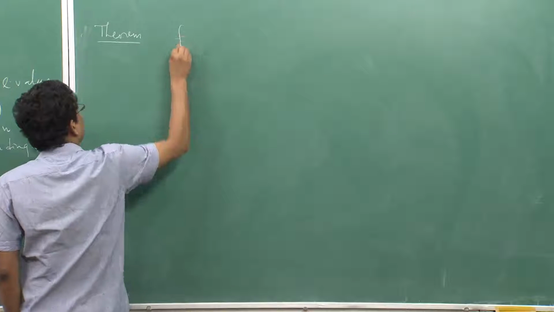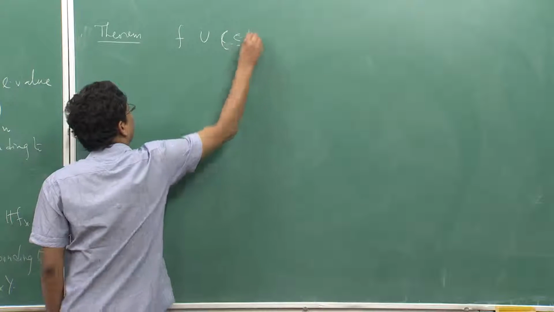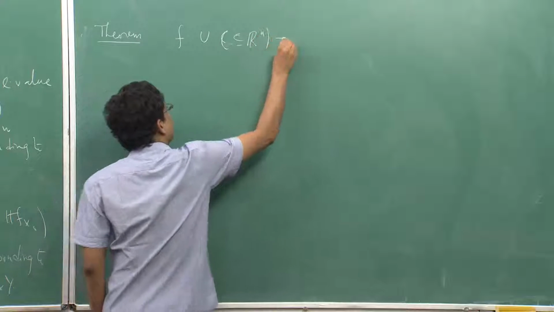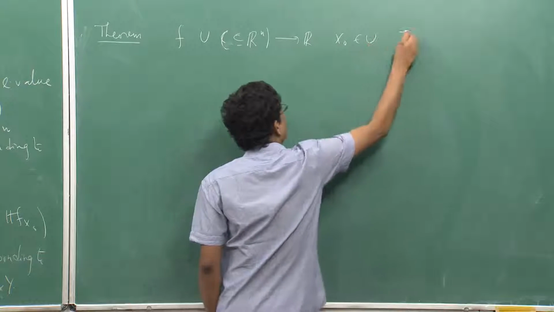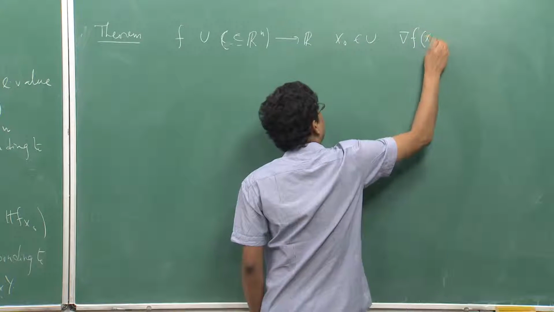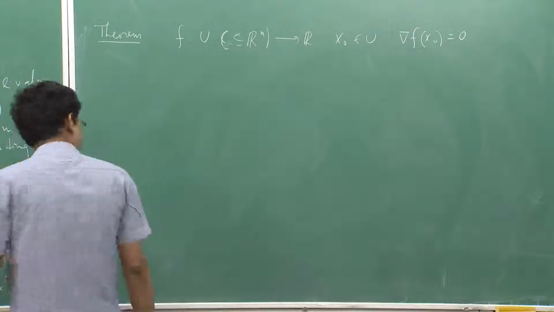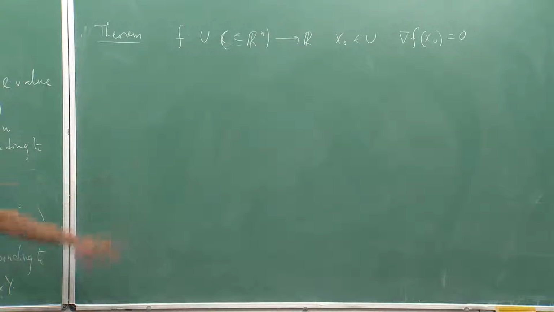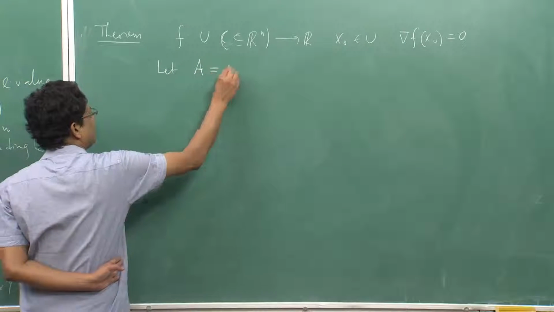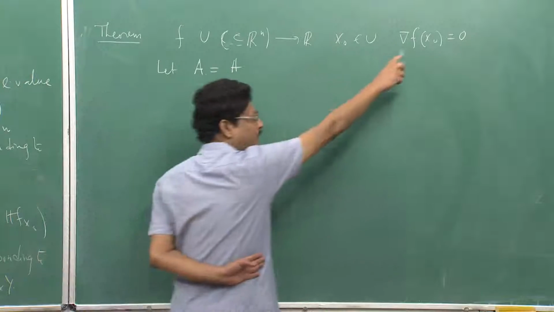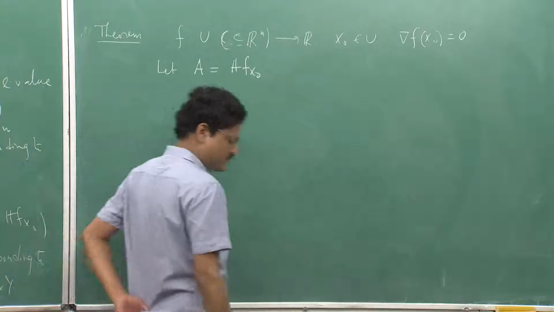Again the same setup: f is from an open set U to R, x naught in U and grad f(x naught) equal to 0, that is, x naught is a critical point. Instead of writing the Hessian at x naught every time, let me put a notation for it: A, an n cross n matrix.